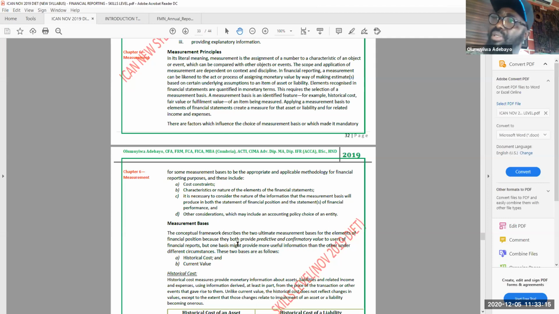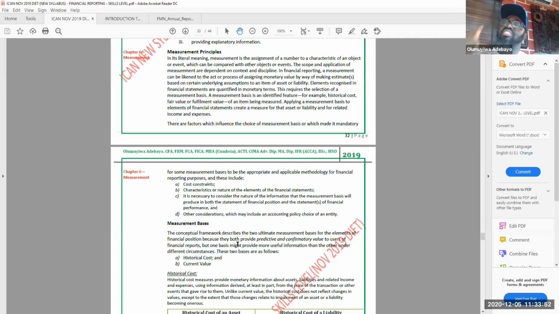In financial reporting and under the Conceptual Framework, the standard recognizes two bases of measurement. The first basis is the historical cost, which we are all familiar with. And that's why the convention in any financial statement disclosure is to say that this financial statement was prepared under the historical cost basis, subject to, which means the foundation is historical cost.